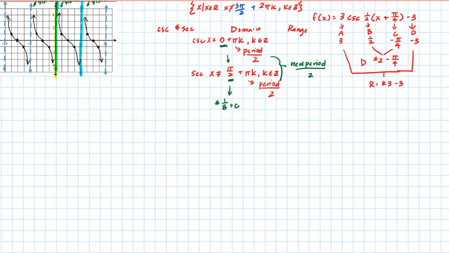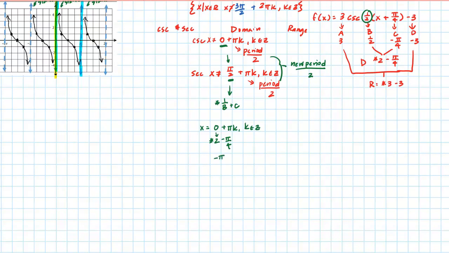So in my example, it was a cosecant. So my asymptote was x equals 0 plus pi k, where k is an element of integers. I'm going to take that first period, multiply it by the reciprocal of 1/2, which is 2, and subtract pi over 4.